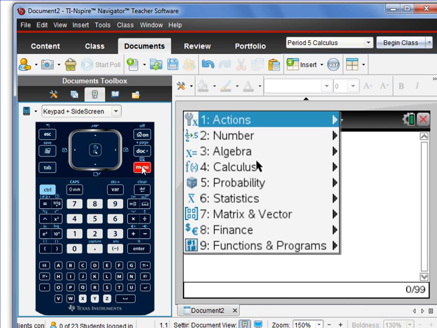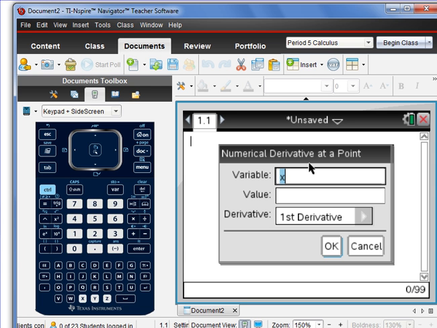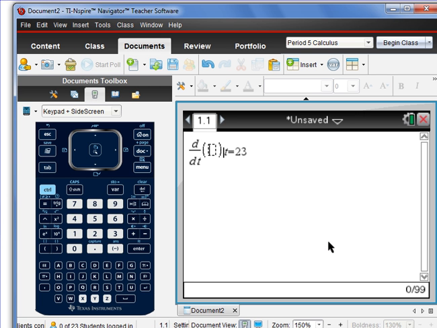Menu, calculus, numerical derivative at a point. We're going to use the variable t because that's how our function is written, and the value that we're interested in for the acceleration or the derivative at is 23. And so I've entered that in, and I'm going to say OK.